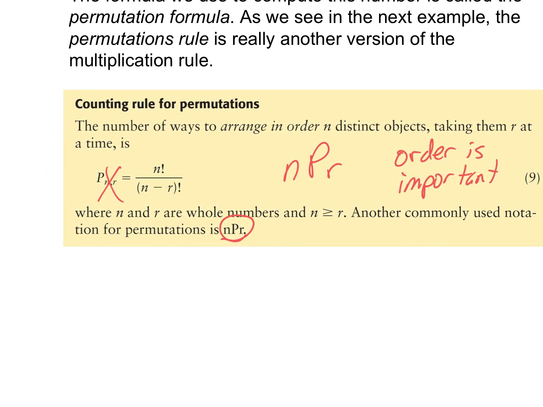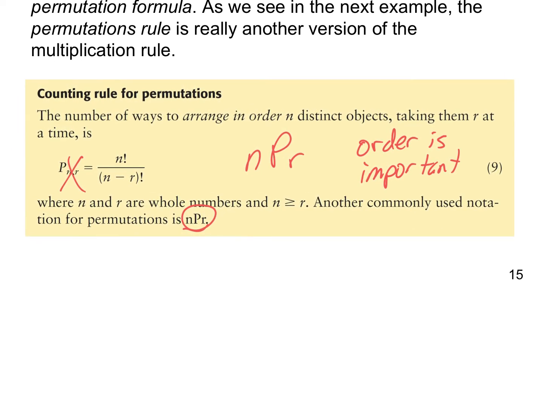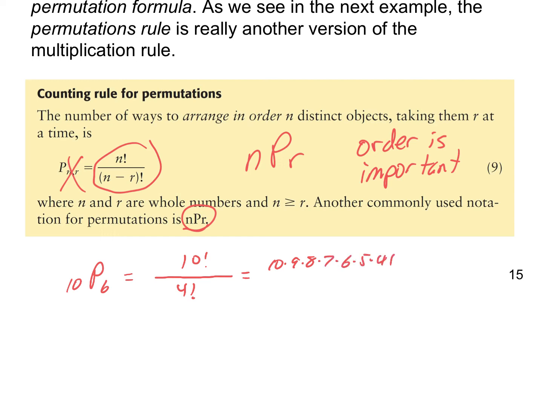Now, I am giving you permission to use a calculator. You see, if you didn't use a calculator and you were solving 10P6, if you look at the formula right here, it's the big number factorial, and then I have to subtract those factorial, and then I have to go 10 times 9 times 8 times 7 times 6 times 5 times 4 factorial, and the 4 factorials will cancel, and I got to pull my calculator out and type 10 times 9 times 8 times 7 times 6 times 5.